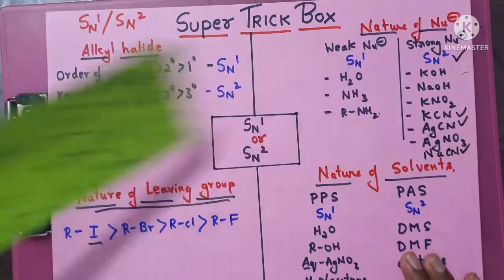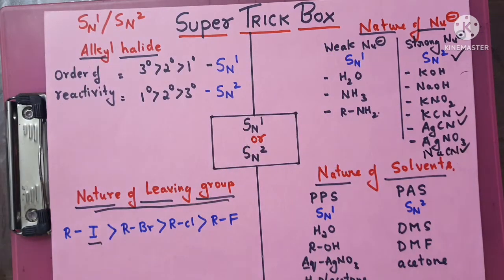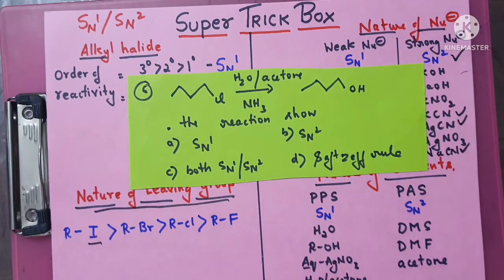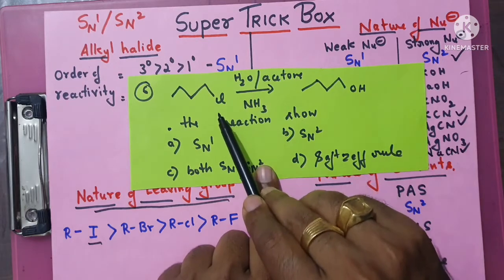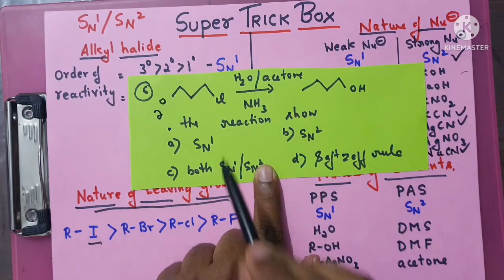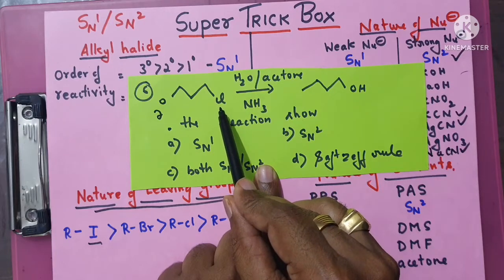Let us move to one more question. We have a very interesting one now. I am sure you will do it very soon. You should be very careful in this kind of question, children. If you observe here we have a secondary alkyl halide. Yes, sir, this is a secondary alkyl halide.